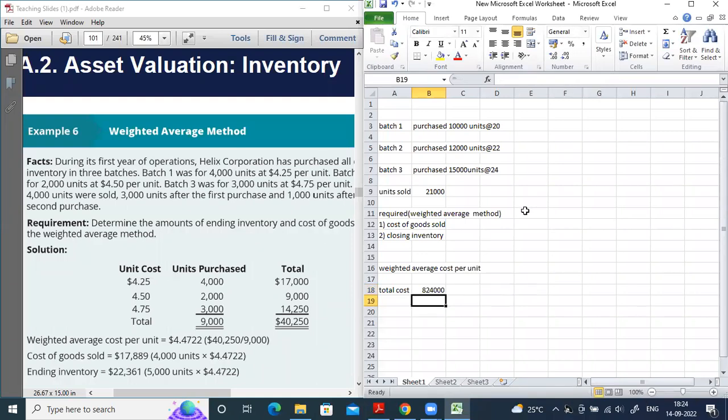So total cost you got 8,24,000. Yes, sir, 8,24,000 I got. Very good.